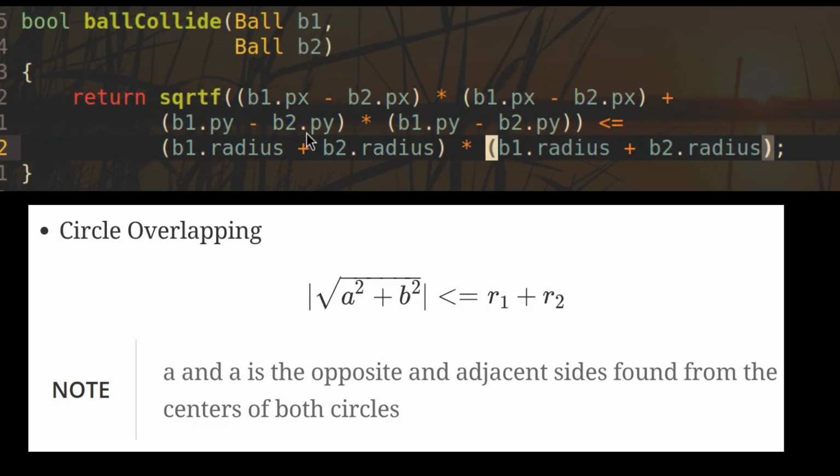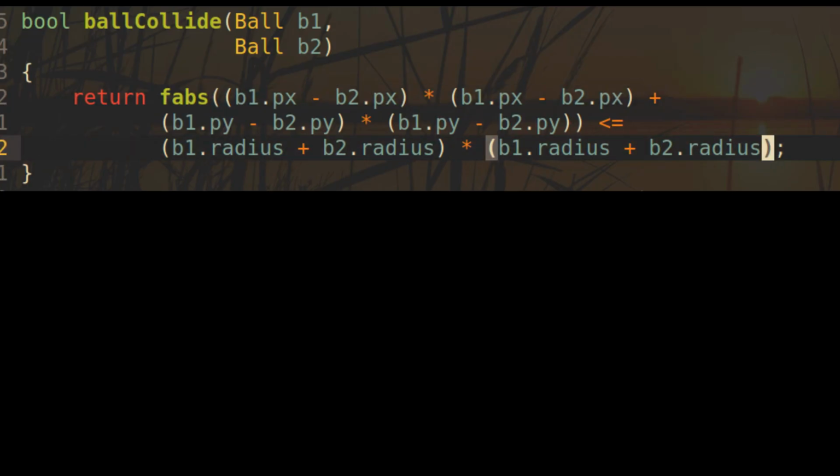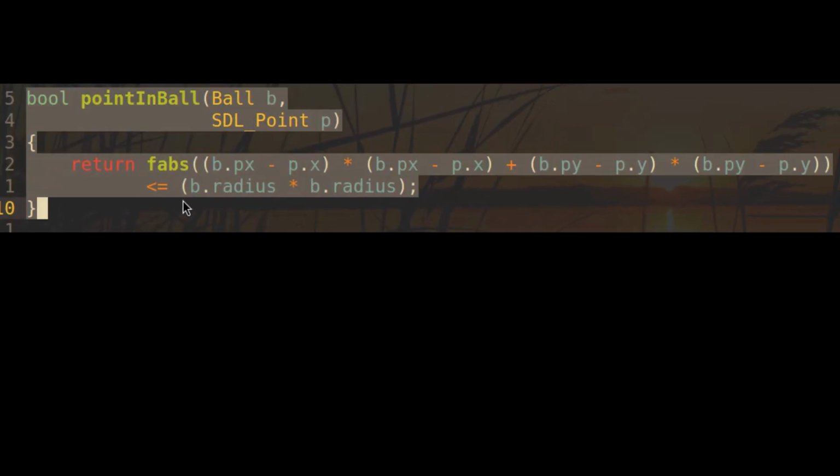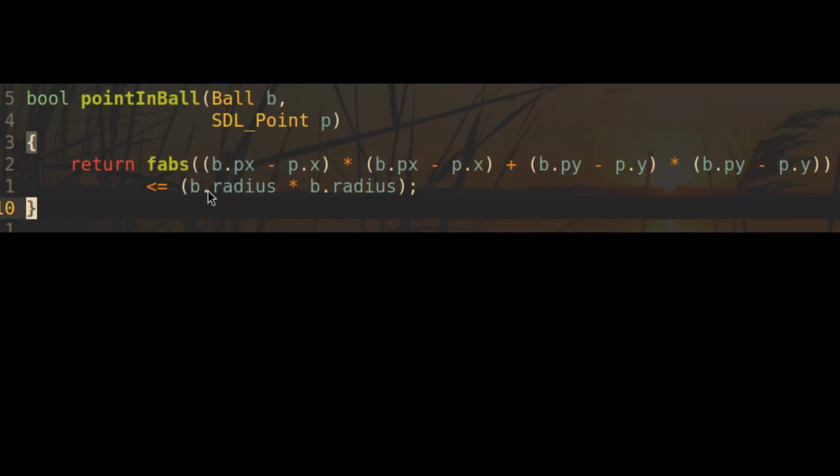But instead of doing that, he just multiplied the sum of the radiuses to get rid of the square root computation. Then finding if the points are in the ball is a pretty similar calculation. The only difference is we only have one radius, so we don't need to multiply a second radius.